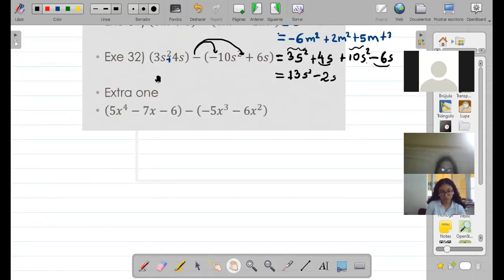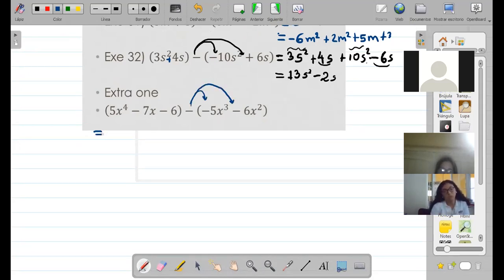Then we start with the exercises of the homework, like I was saying, with this little practice. So here we have 5x to the fourth power minus 7x minus 6, minus, so we're talking about a subtraction, and you have to apply the distributive property here, okay, to those expressions.